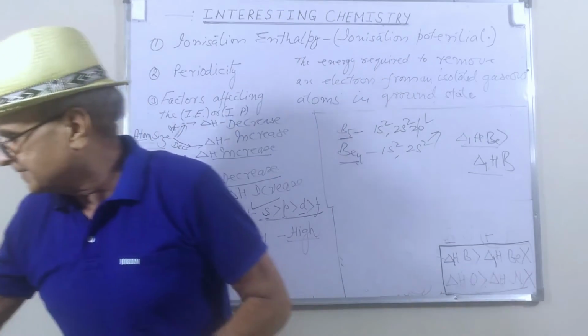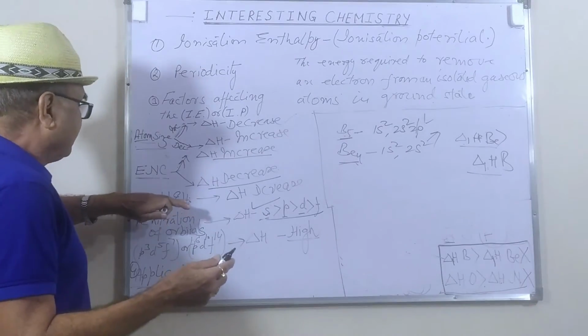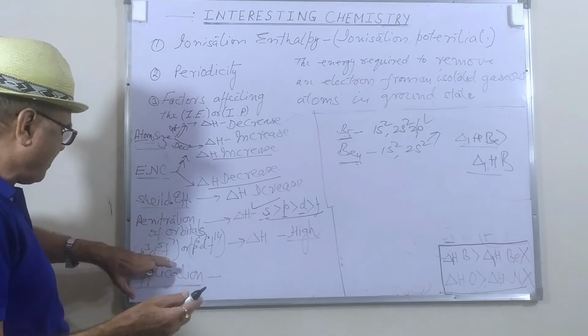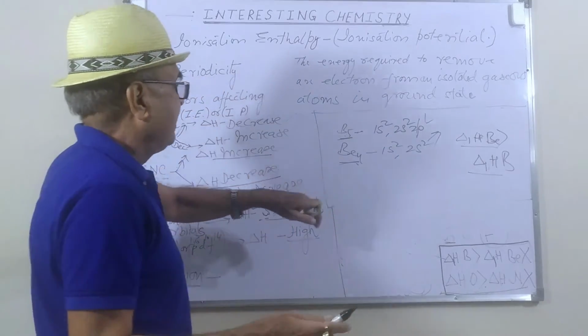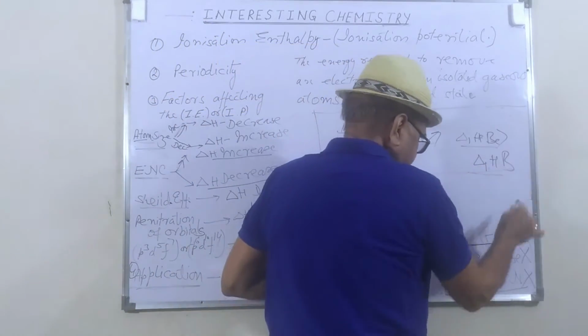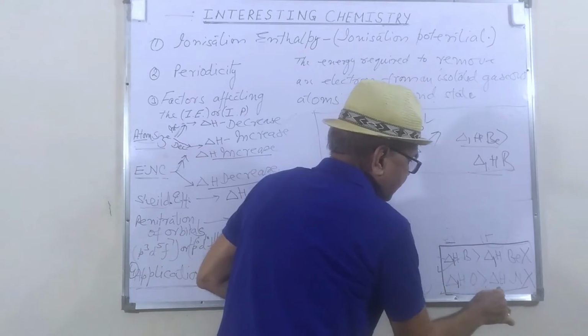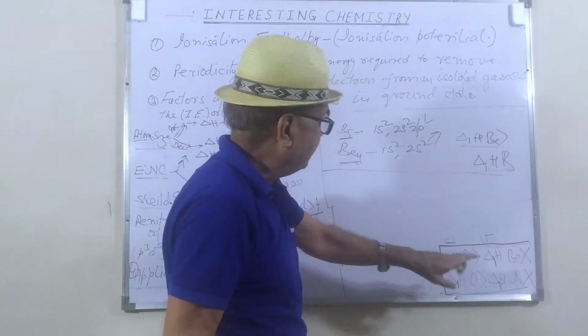I have given a special video on the stability of the half-filled orbital, so please watch that video. Here I want to explain this question: the delta 1H of nitrogen versus oxygen.